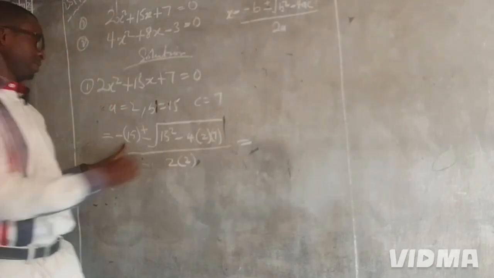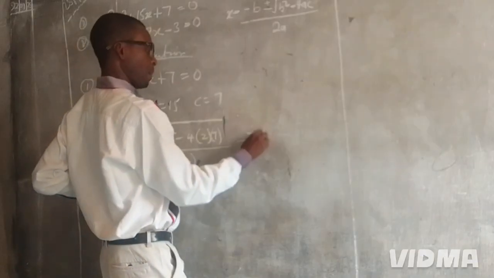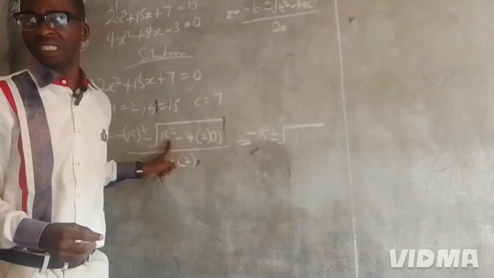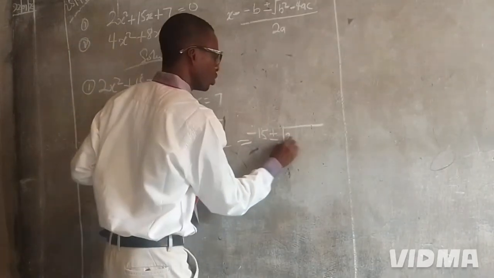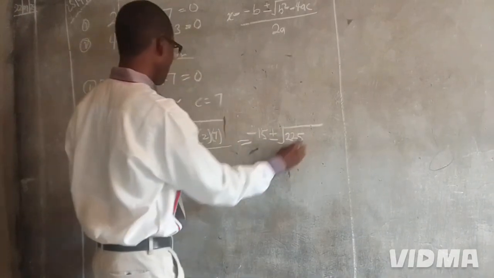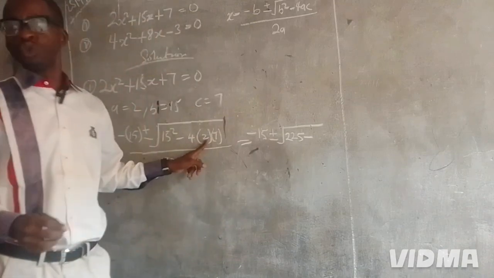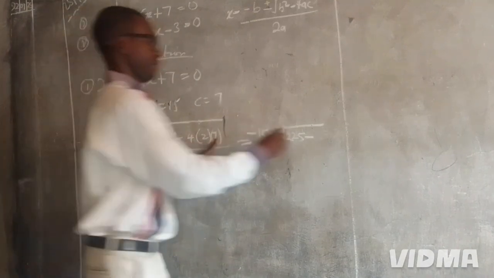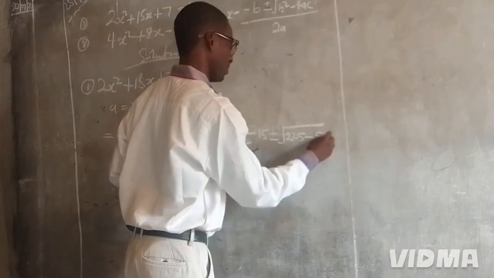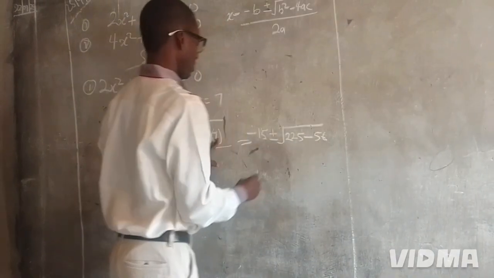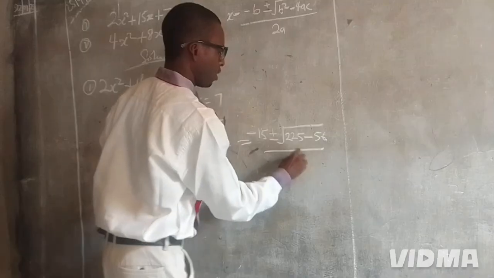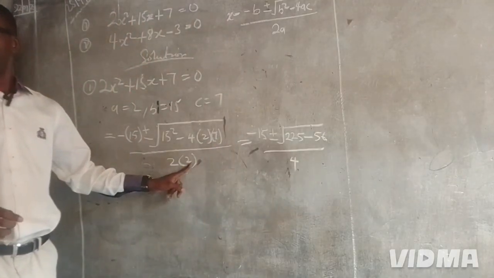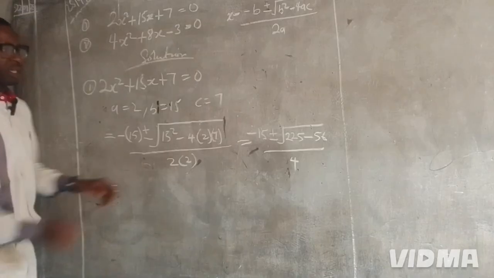Minus 15 plus or minus 15 multiplied by 15, 225 minus 4 times 2, 8 times 7, over 4. I believe you now got 4. 2 times 2.